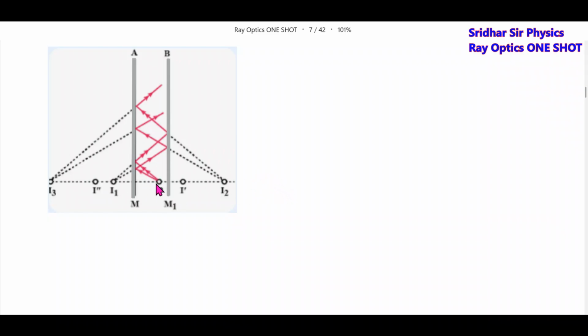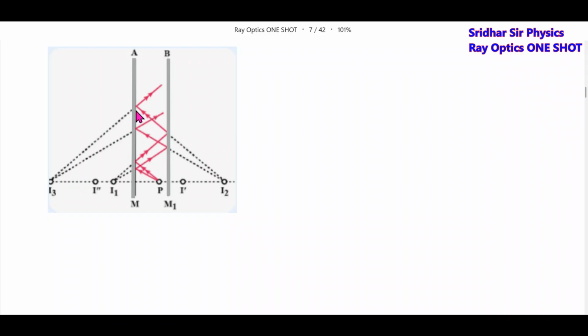I'll just repeat here. First we'll start with the incident rays which first strike mirror A. When the rays strike mirror A, it will form the image I1. Now after reflection, the rays will strike mirror B. This I1 will become the object for mirror B and it will form the image I2. Similarly, I2 will become the object for mirror A and will form the image I3.